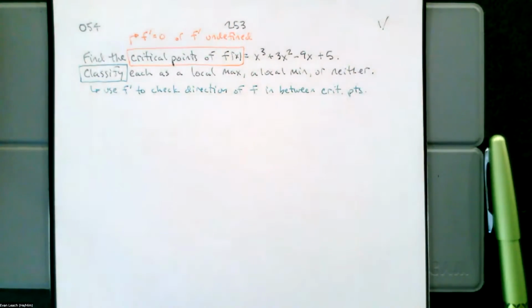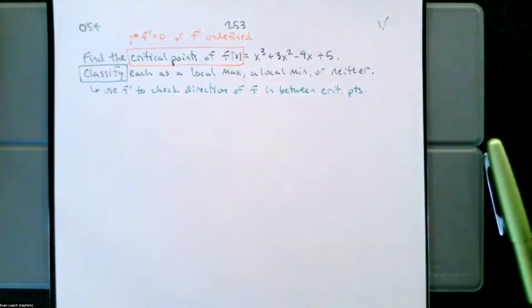So one strategy is to just continue on with the first derivative and use the first derivative to check the direction of the function in between the critical points. If we go from increasing to decreasing, then we've hit a local maximum. If we go from decreasing to increasing, we've hit a local minimum at that critical point.